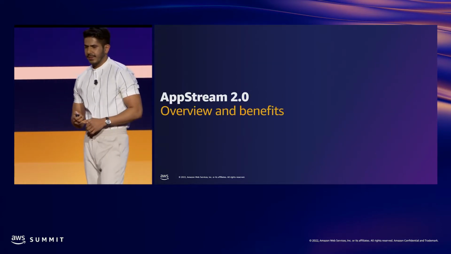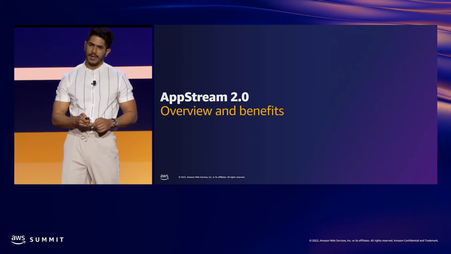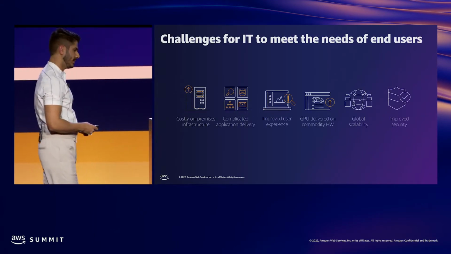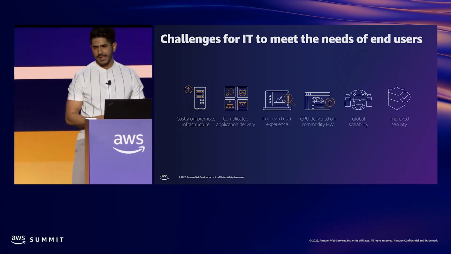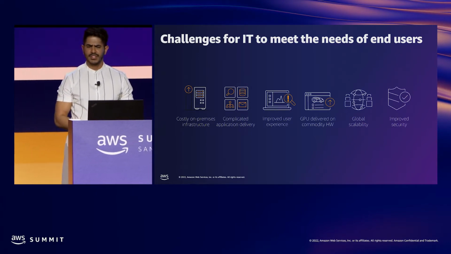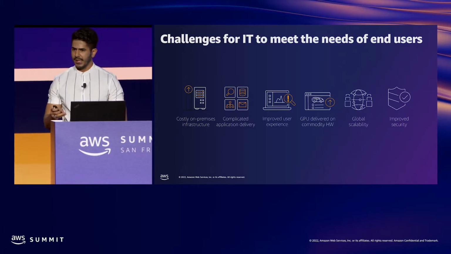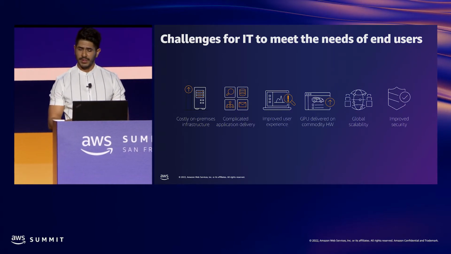So let's take a look at the overview and benefits for AppStream. Before we talk about the benefits, let's take a look at the challenges that IT or organizations in general are facing when it comes to on-premises VDI or VDI with other cloud providers.